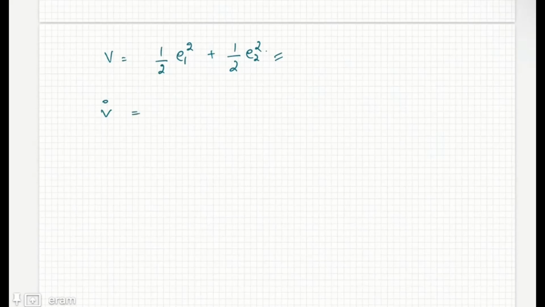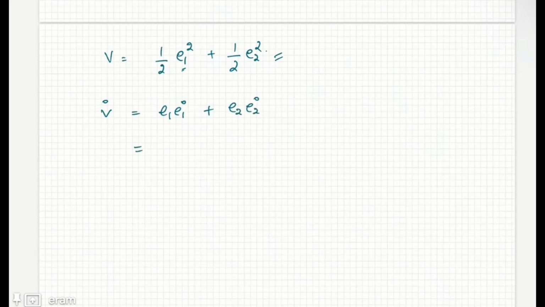First we find the derivative with respect to e1, and then using the chain rule the derivative of e1 with respect to time, which gives us e1 dot, and for the second term we get e2 dot.